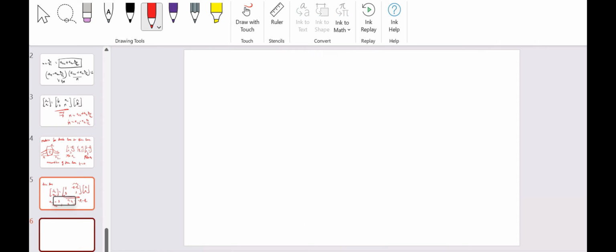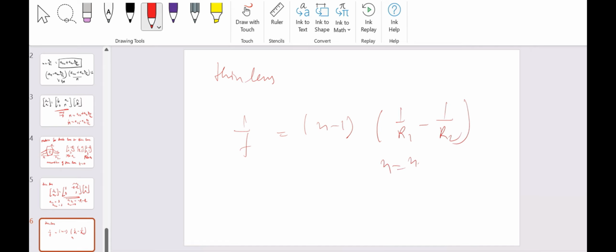So from this we get to know the important equation, which is basically for the lens system, for thin lens 1 by f is basically n minus 1 by r1 minus 1 by r2, and n is equal to n2 by n1.